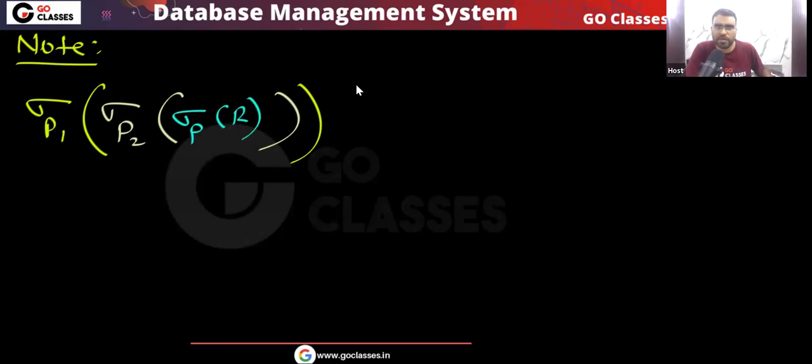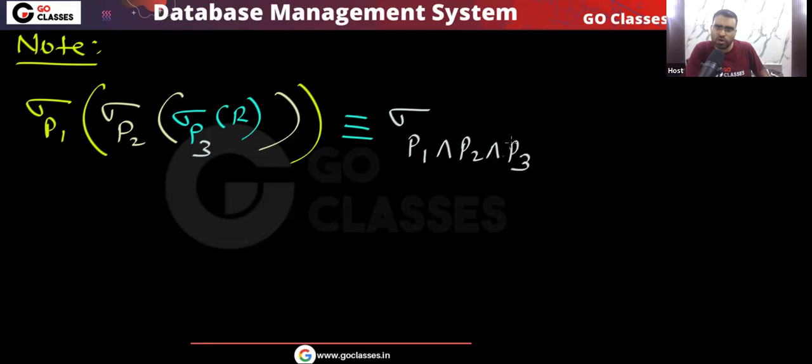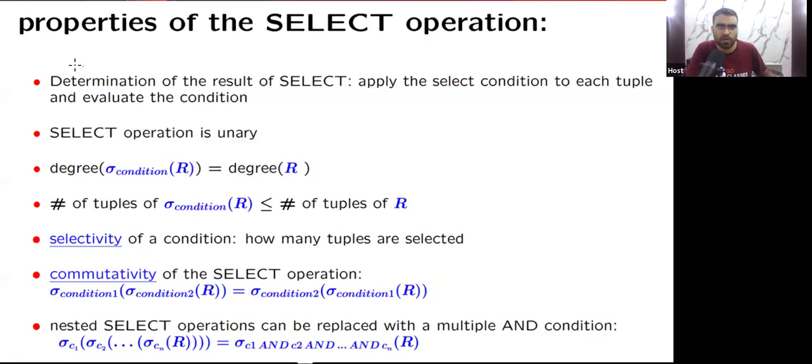Any number of sigma I can have, yes or no? This will be the same as what? You can change the order, no problem. Overall, this will be the same as sigma where P1 and P2 and P3, all of them must be satisfied. So very simple.